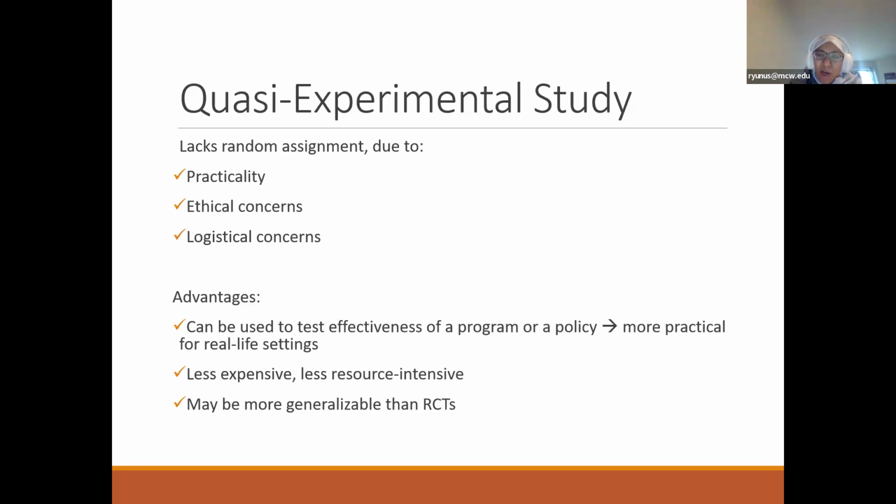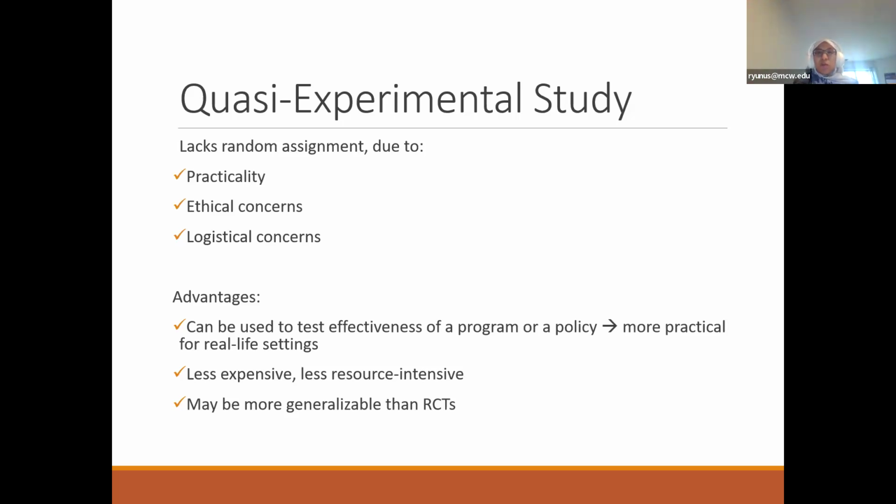I wouldn't say it's so cheap as well, but it's less expensive compared to RCT. It is less resource intensive. And sometimes the results can be more generalizable than RCT, because RCTs are usually conducted in very strict and controlled conditions. And the circumstances or the conditions of RCT may not necessarily reflect the situation in the real world.